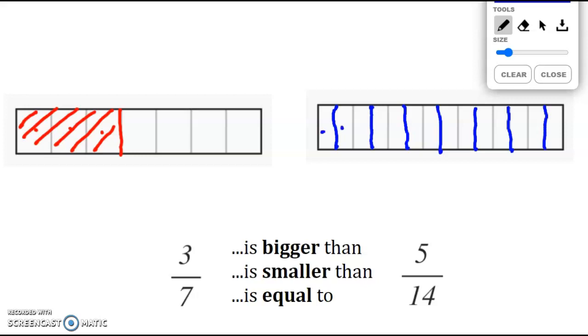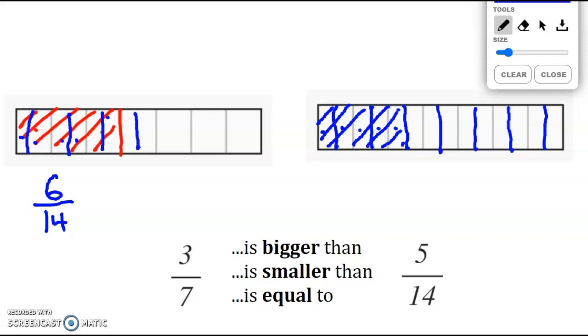So 1, 2, 3, 4, 5. So I have this much remaining. This is how much I have compared to this. If I was to divide this into 14 parts, I actually have 1, 2, 3, 4, 5, 6. 6 of the 14ths.